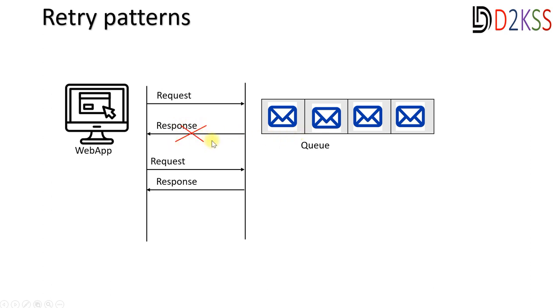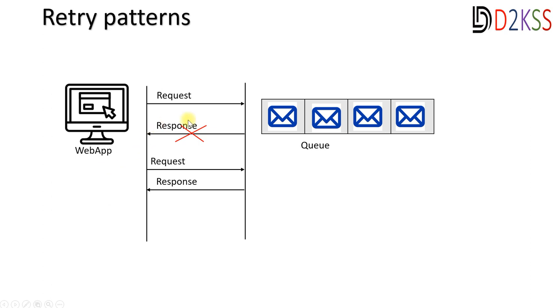For some reason, maybe a network failure, you did not receive the response to your request to read the message. So you can retry reading that message. This message will not be lost when you are requesting it. It will still be there in the queue. So you can re-request that particular message, and you will get the response. So there is no data loss.